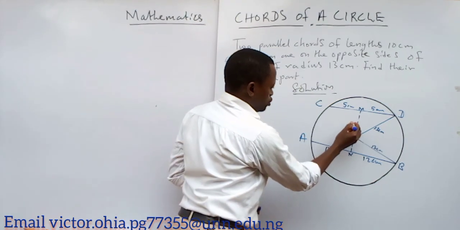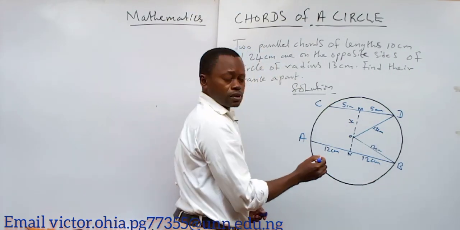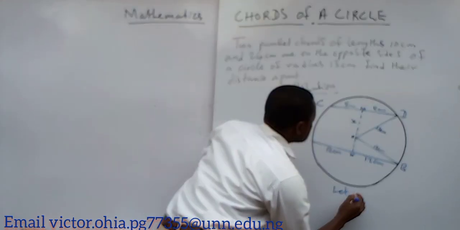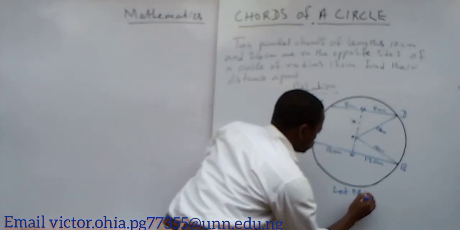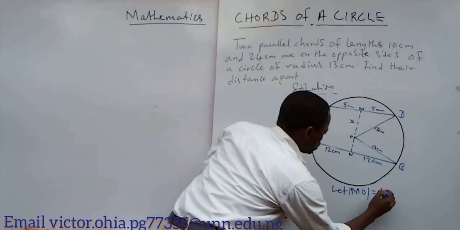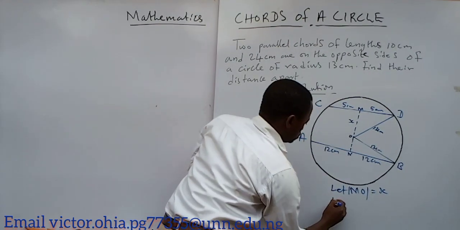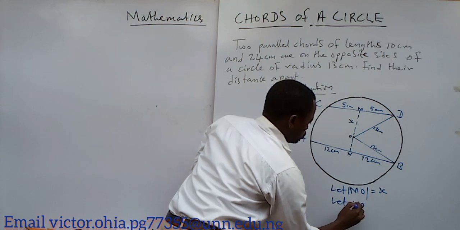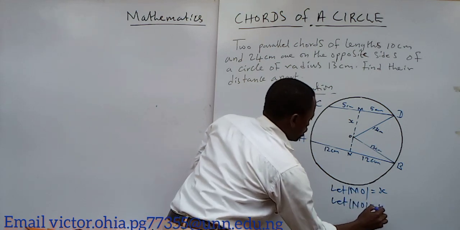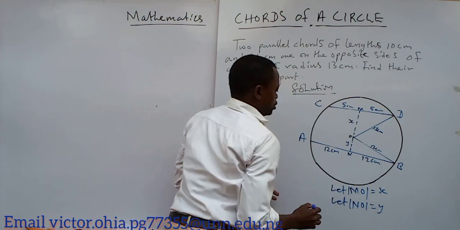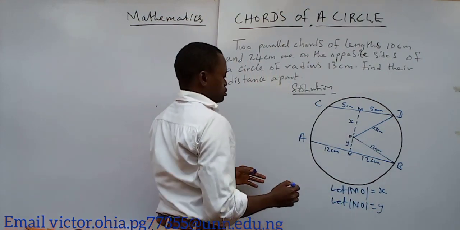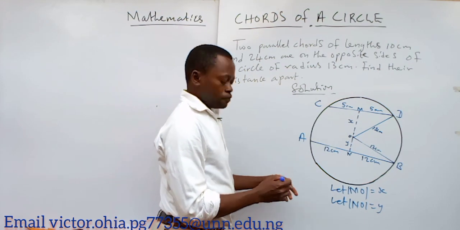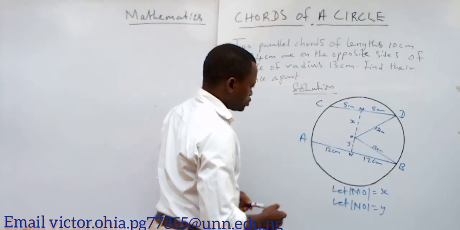From here to here, let me call it X. I can define it: let MO equal X, and let NO equal Y. So here is Y. That will help me in the calculations we are going to be doing.